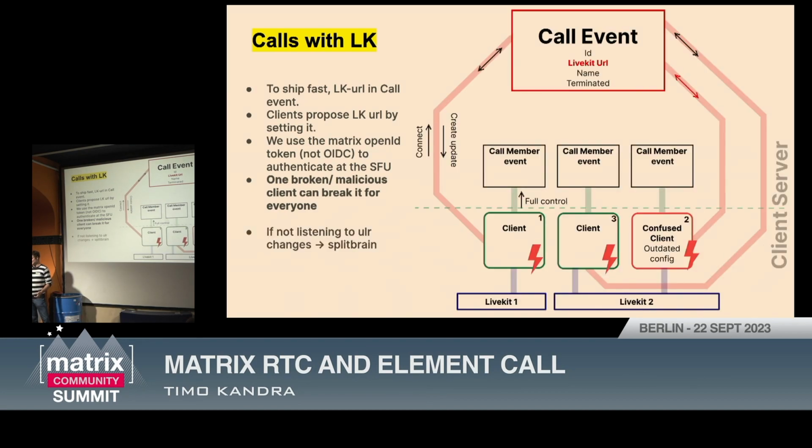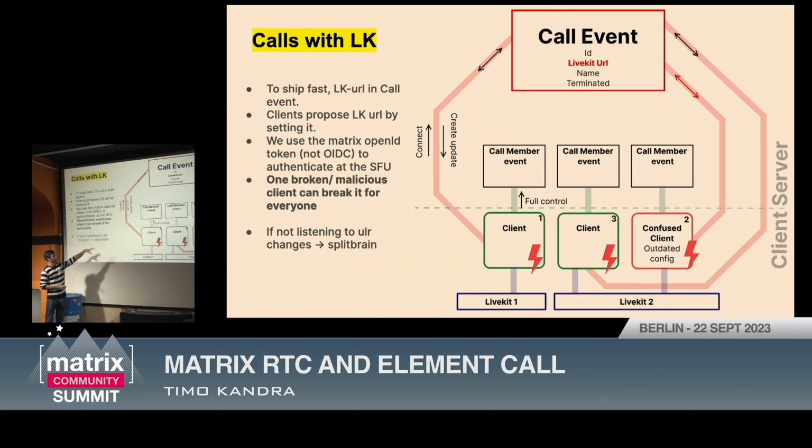And there's another failure mode. If you don't listen to the changes and you just say, well, we just take whatever is in the call event on connection, and then we keep this, because then we cannot run into connecting to something broken, then you still can have a split-brain-like experience.